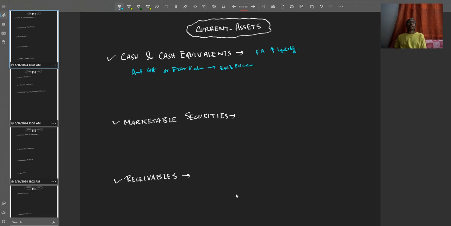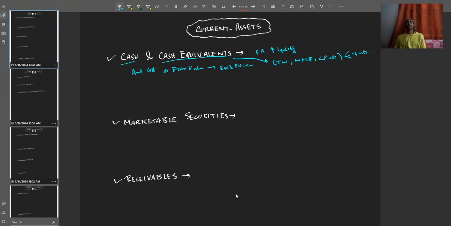Now, to understand what stands for cash equivalents, cash we understand already. What stands for cash equivalents, we take a few examples. So, examples of cash equivalents are treasury notes, money market funds, commercial papers, etc. They are generally within a maturity of 3 months.